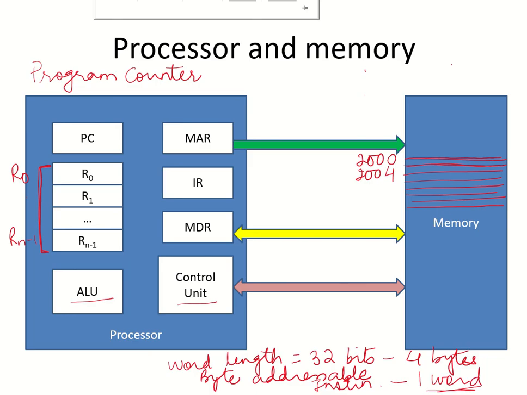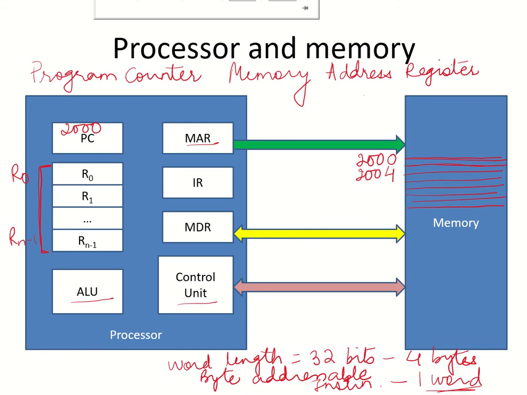So the address of the next instruction that has to be executed will be put into the program counter. So 2000 will be stored here. There is another register which is the memory address register, MAR. This register always holds the address of the memory location that has to be accessed.